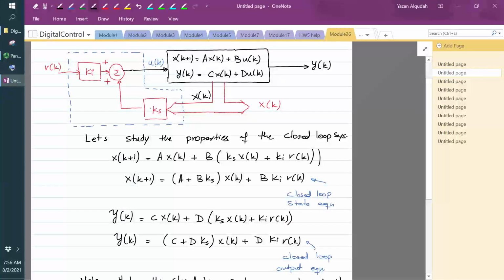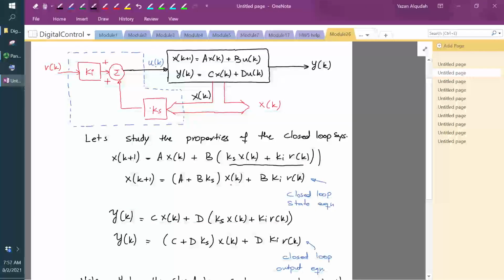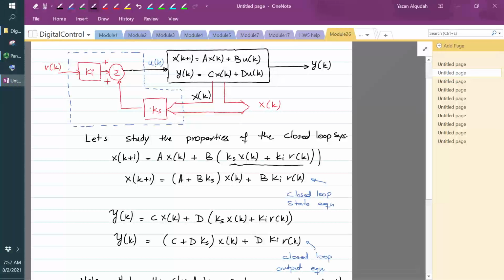Again, U is equal to Ks multiplied by X of k plus Ki multiplied by R of k. Therefore, if we put the terms together, we can write this as X of k plus 1 equal to A plus B multiplied by Ks, multiplied by X of k, plus B multiplied by Ki multiplied by R of k. Now this is the closed loop state equation.